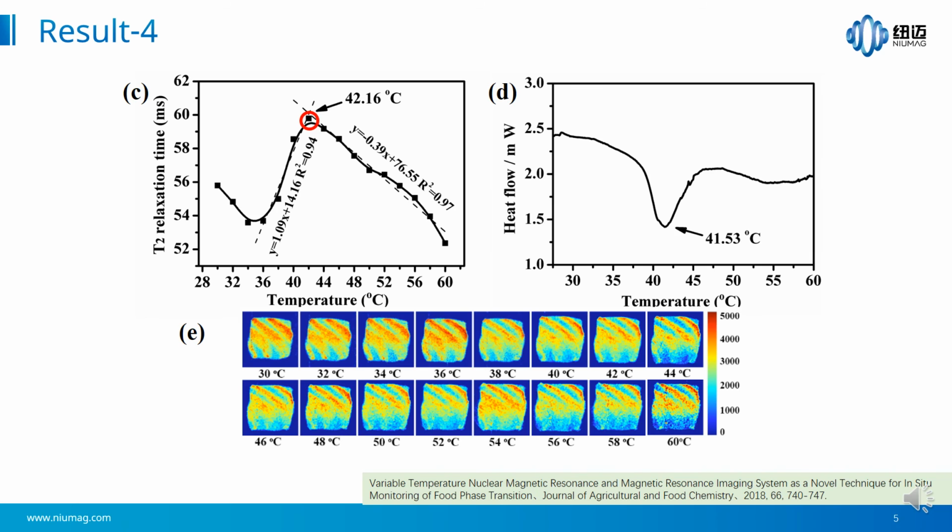The denaturation temperature tested by the DSC on graph D is 41.53 degrees, which are very close. But from the MRI, there is no significant change, mainly because the relaxation time in the heating process changes little, and the nuclear magnetic field cannot distinguish it.